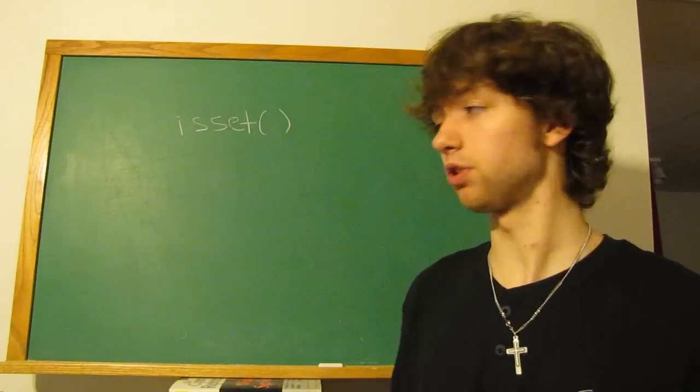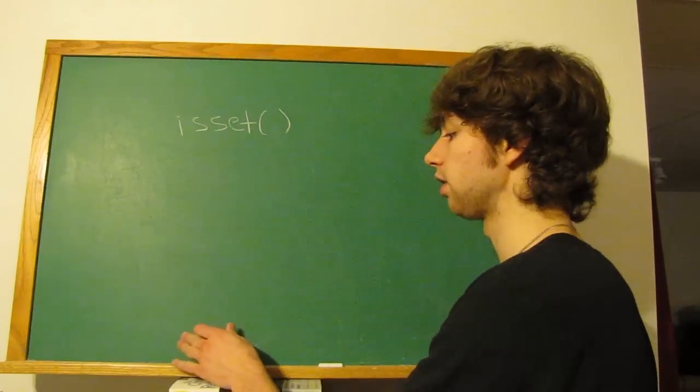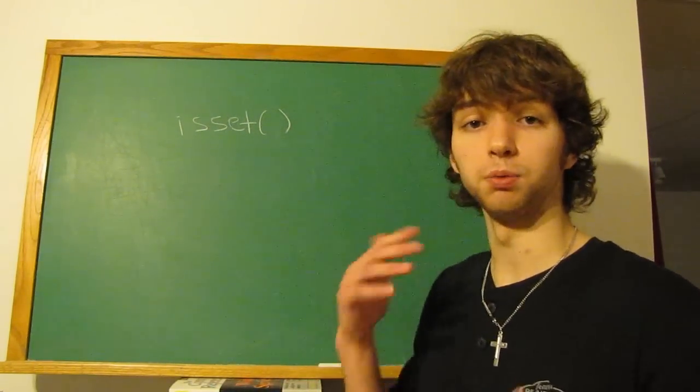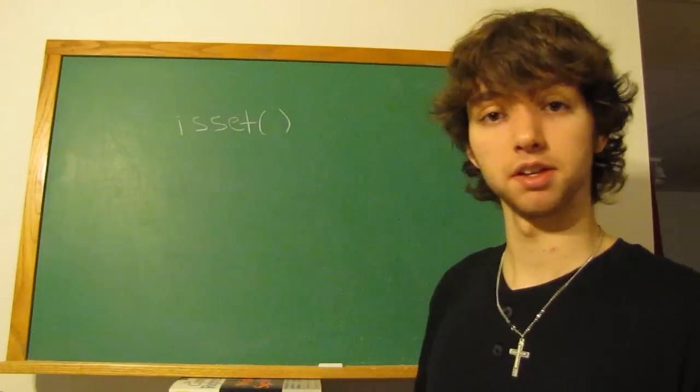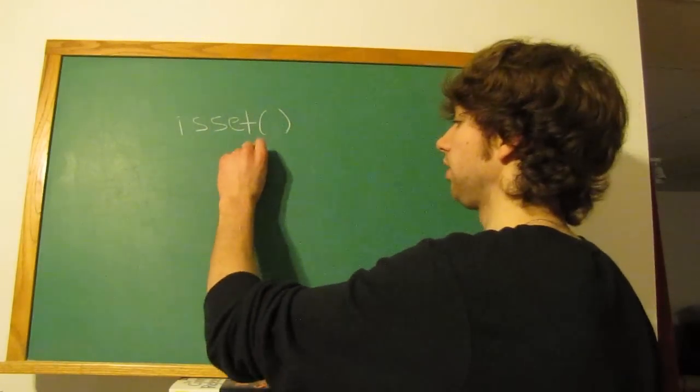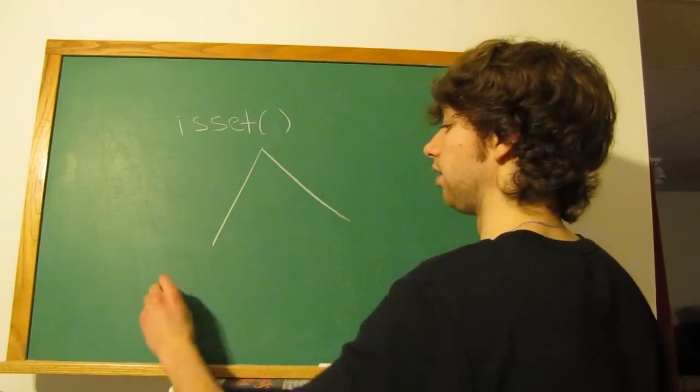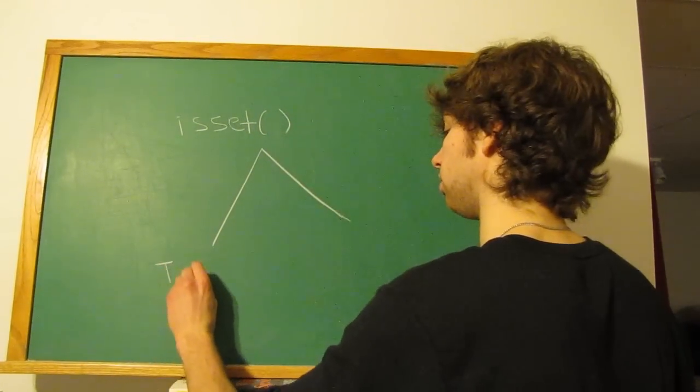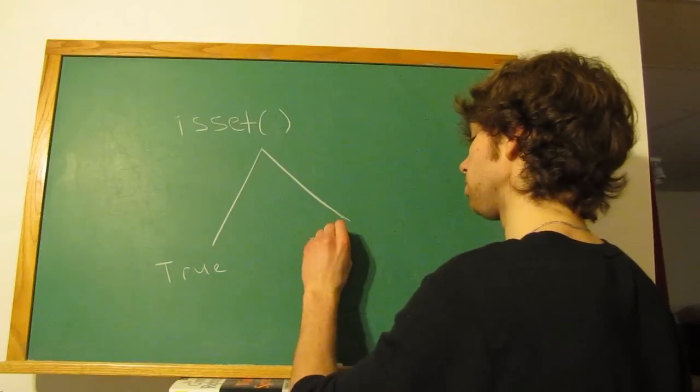Well, what this function does is it will take our data and it will check if it is set. So that means this function has two outputs, true or false.